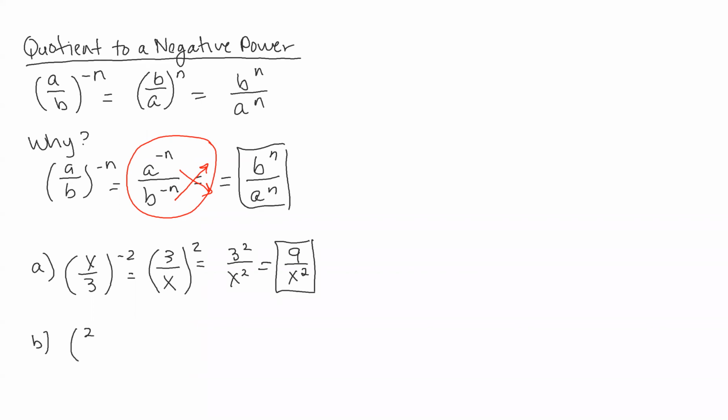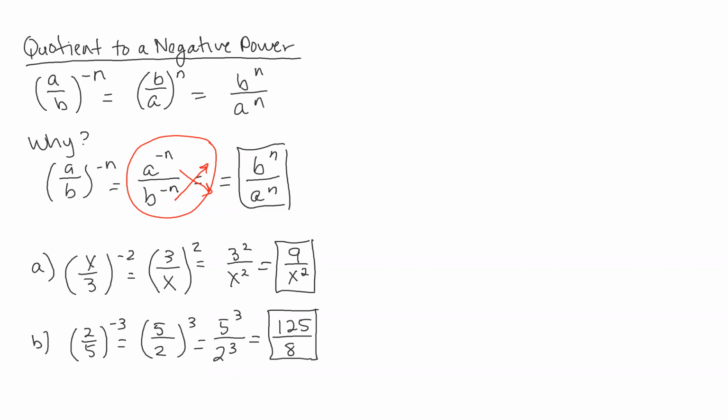So next up, let's say I have 2 over 5 raised to the negative 3rd power. So that's going to be 5 halves raised to the positive 3rd power, or 5 to the 3rd over 2 to the 3rd. 5 to the 3rd is one that's going to show up a lot, so you'll end up memorizing that 5 to the 3rd is 125. 2 to the 3rd is 8.